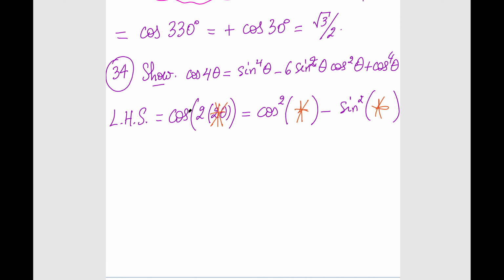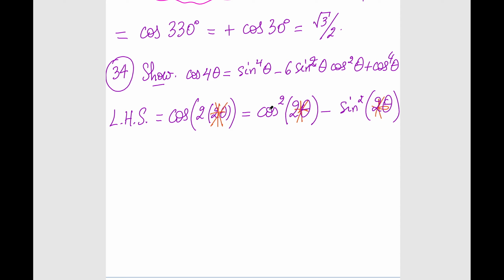It says again, cosine of 2 times something is equal to cosine squared of the thing minus sine squared of that thing, right? And who's our thing here? It's right there. It's 2 theta. So who's going to take the role of this asterisk here and here? The 2 theta, right? So this is 2 theta here and here. Make sense?